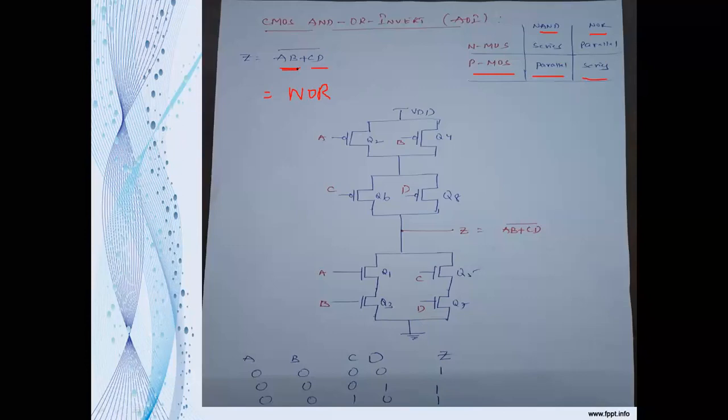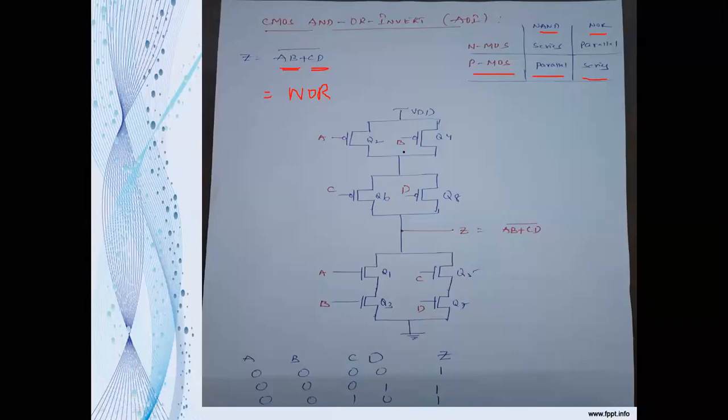It is the AB, and this term must get into series with the term CD. A and B are basically an AND operation, so they are in parallel in the pull-up network, but finally it is realizing as the NOR operation. So that's why A and B must come together as a series.